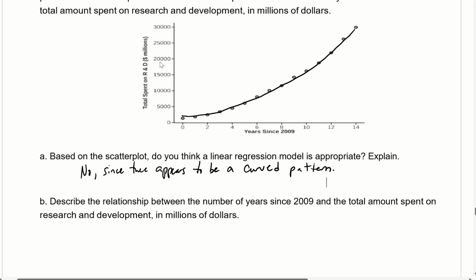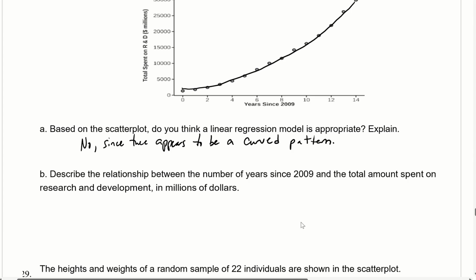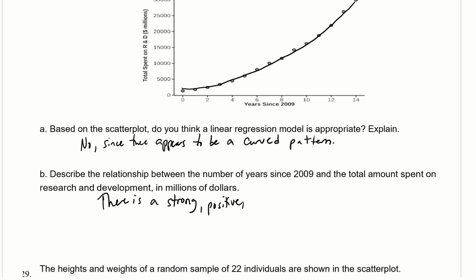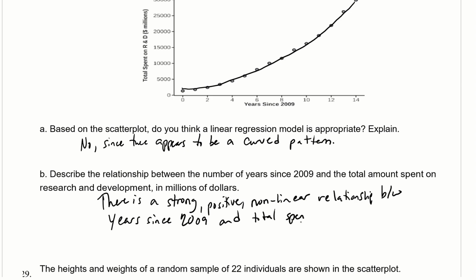All right, so describe the relationship between the number of years. So basically describing it, there is a strong positive nonlinear relationship between years since 2009 and total spent on R&D, research and development, in millions of dollars by Apple.